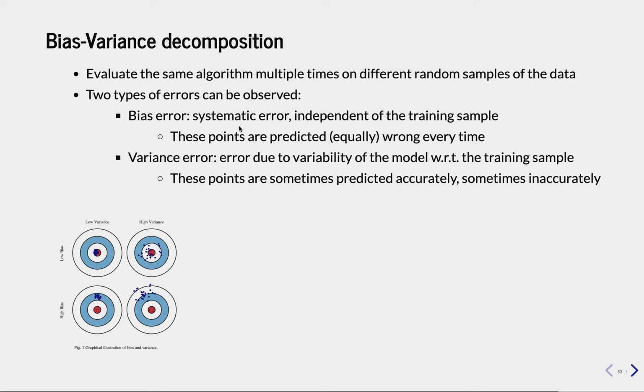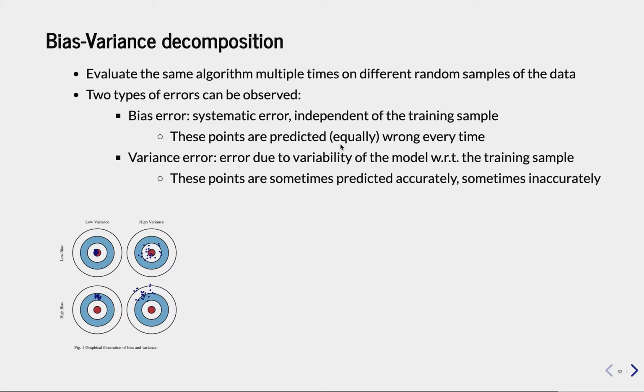What this means is that we decompose our errors into bias error and variance error. The bias error covers all the points that are systematically misclassified. So say that I train my model on 100 different training samples, some points will always be misclassified. That's my bias error.